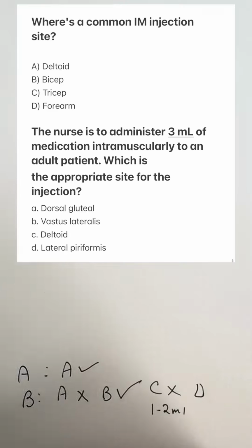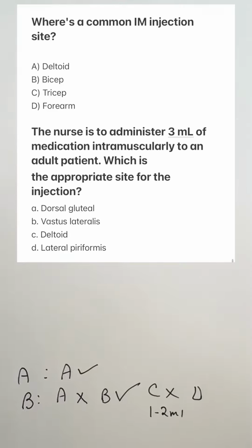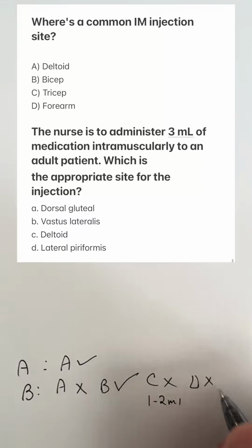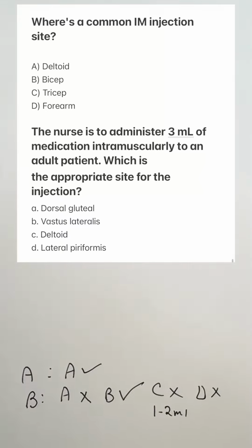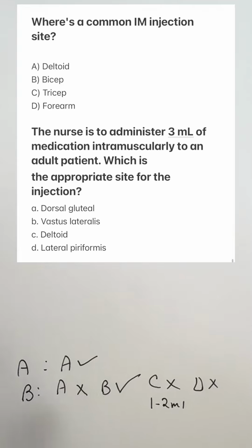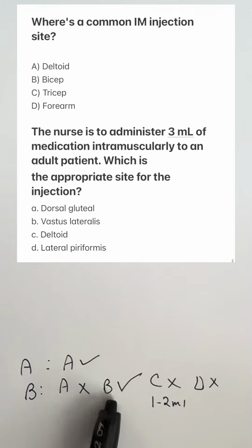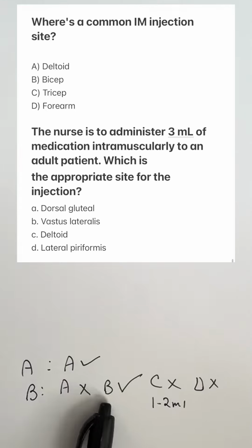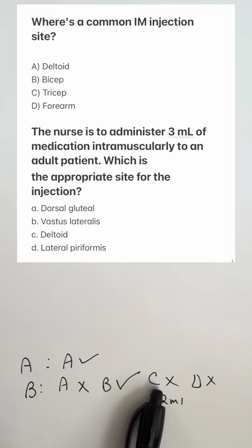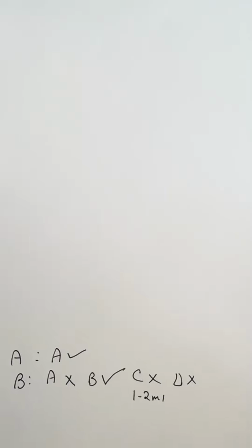And D is rectus femoris. You never give a shot in the rectus femoris muscle, so we can eliminate this. Your correct answer is vastus lateralis, because if you are giving up to 3 ml, then vastus lateralis. If you are giving only 1 to 2 ml, then you can give it in the deltoid.